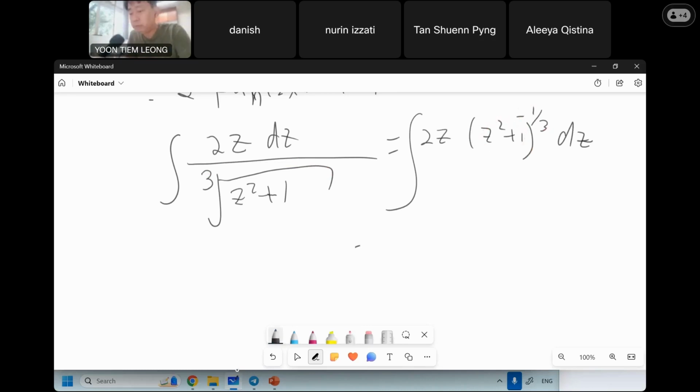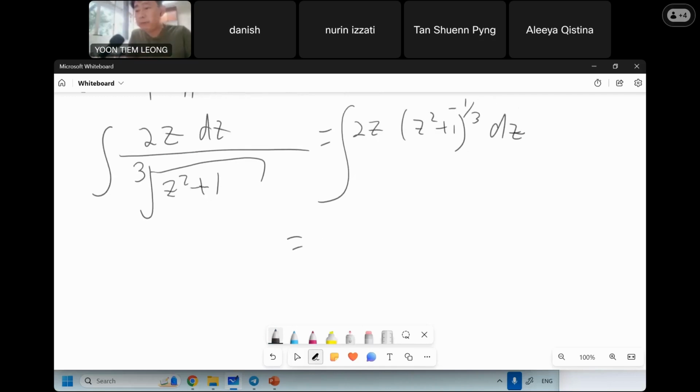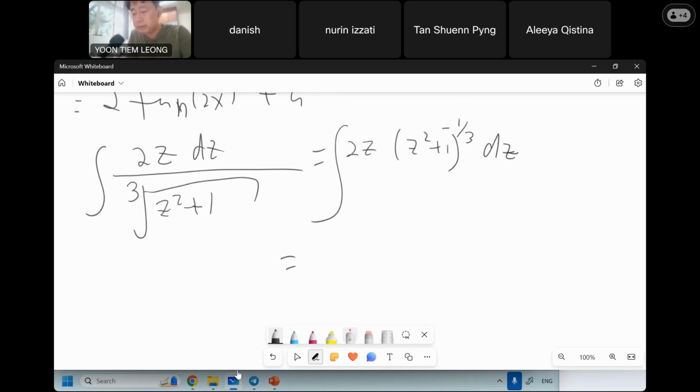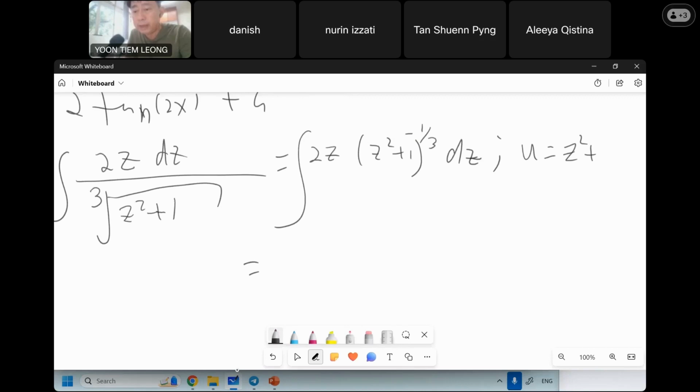So now the next step is to find a proper substitution. The proper substitution that you can see here is that you have z squared and then you have a 2z. So obviously z squared, when you differentiate it, you get a factor of 2z. So the right substitution of u is just z squared plus 1.